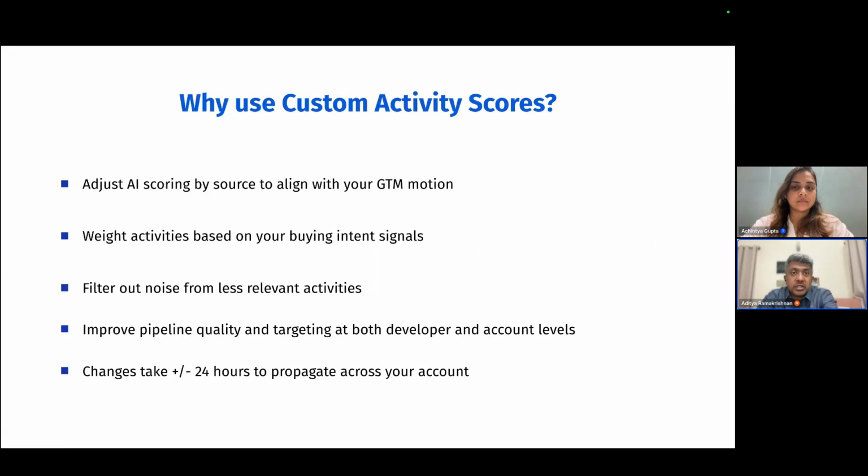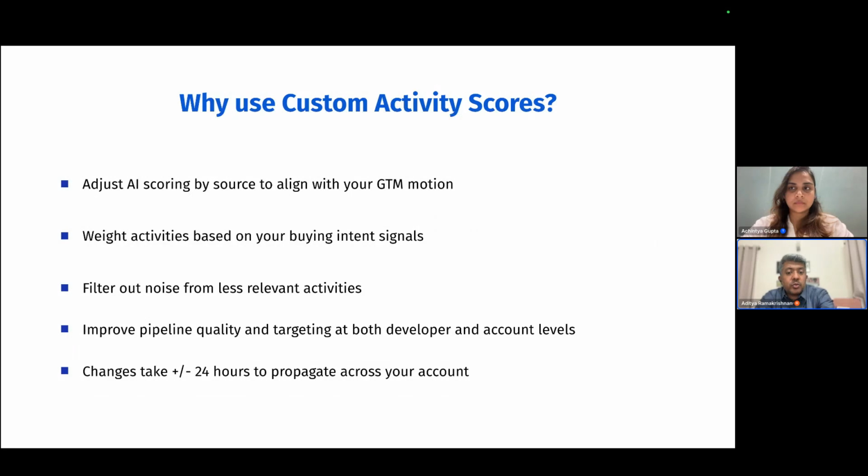But if say community activity does not necessarily mean that someone's interested to buy, you can give that a lower score. What that means is the AI will then say, okay, I need to give documentation more weightage when I build out my final activity score, and community less weightage when I build out the final activity score.